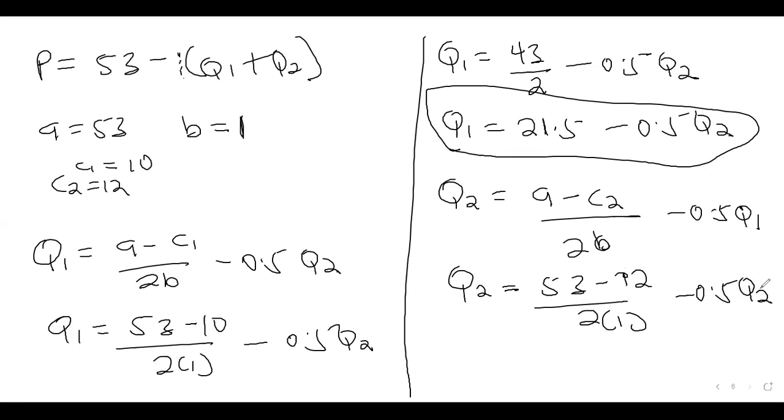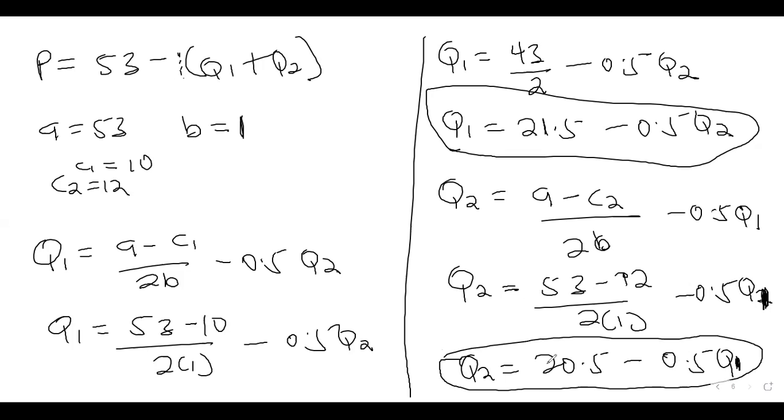All right. So once we summarize this, we are going to get Q2 is equal to 20.5 minus 0.5 Q1. So sorry, here is Q1. Okay. So this is the reaction function for the second firm.